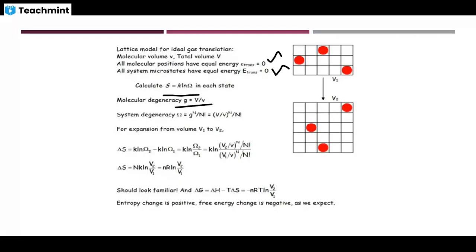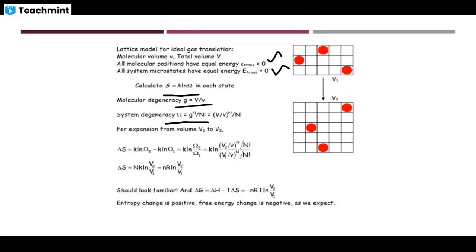So the system degeneracy is g power n divided by n factorial. So omega is V by v whole power n divided by n factorial. From expansion of V1 to V2, delta S is nothing but k ln omega 2 minus k ln omega 1.